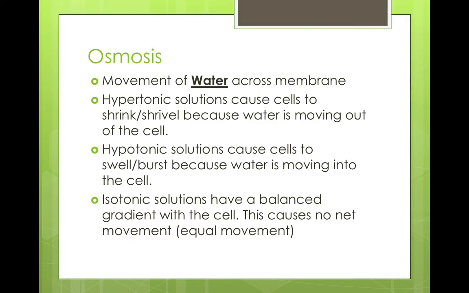But if 3 other students that were inside the class also left the class, then the total number of people in the class is still 20. That would be no net movement there. That means that I didn't gain anybody or didn't really lose anybody. It just stayed the same. Okay? So that's why we call it equal movement. If one comes in, one goes out. So if some water comes in, the same amount of water is going to be leaving out to keep it balanced.